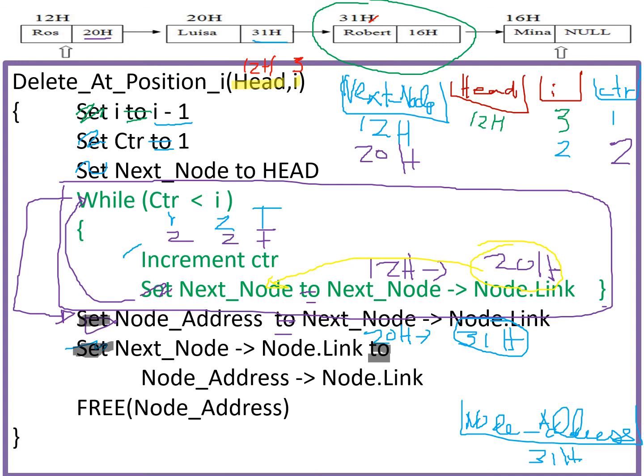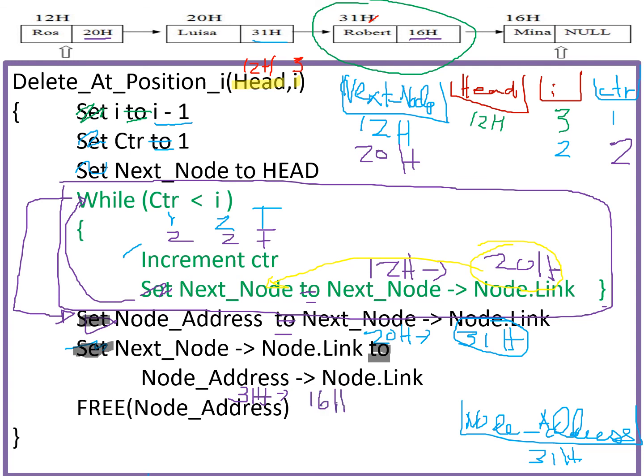Node address is, ito po, 31H. So, node address is 31H. Referencing to node.link. So, 31H referencing to node.link, that is 16H.